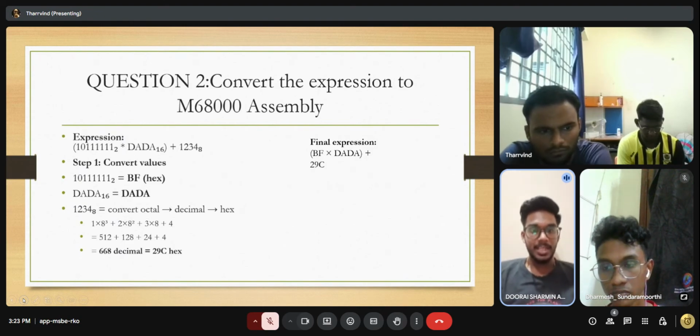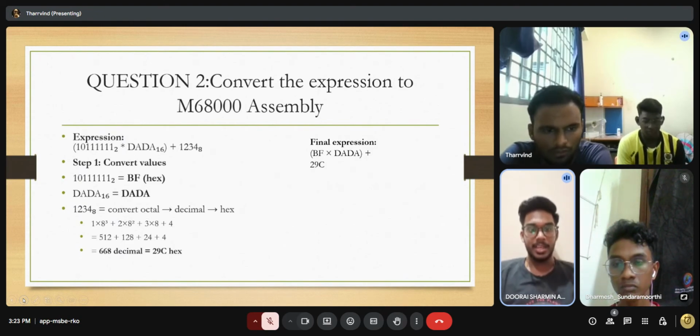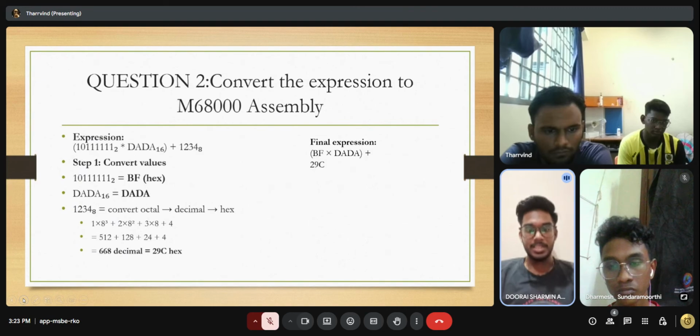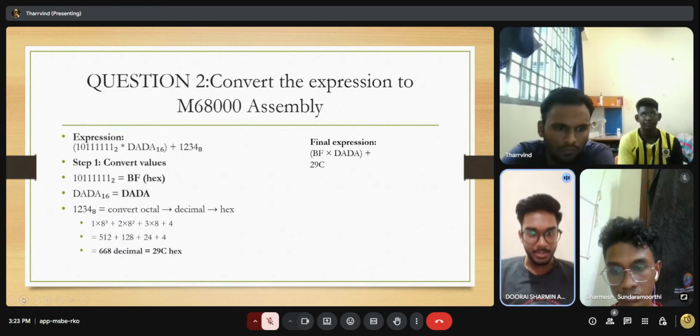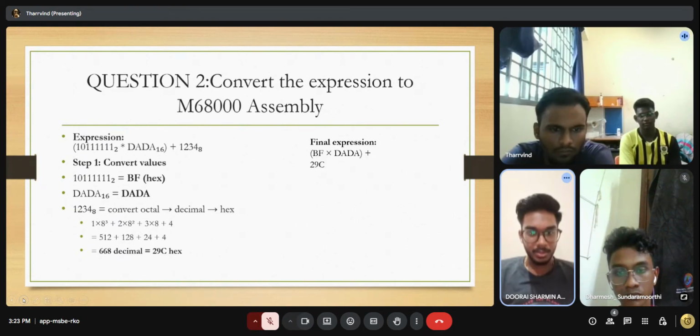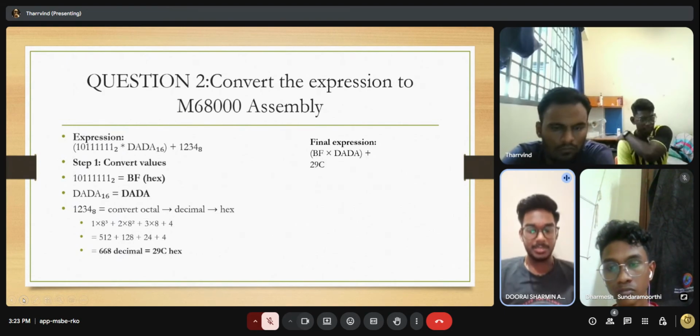DADA equals DADA. Now 1234 is converted from octal to decimal and also hexadecimal. The answer is 229C hexadecimal.